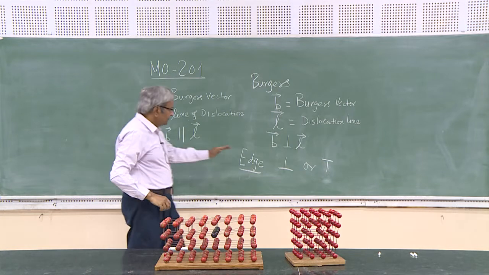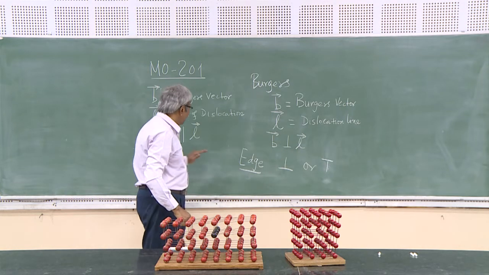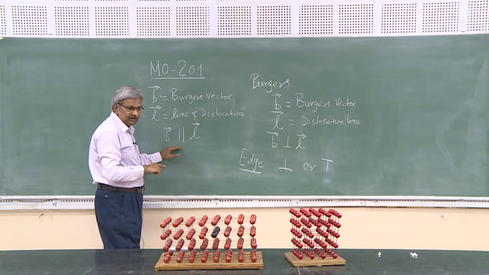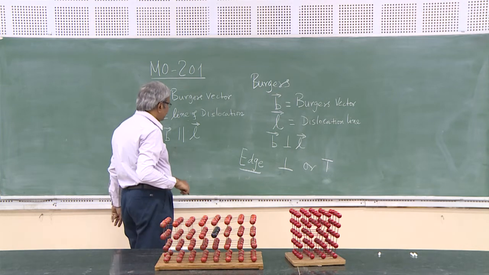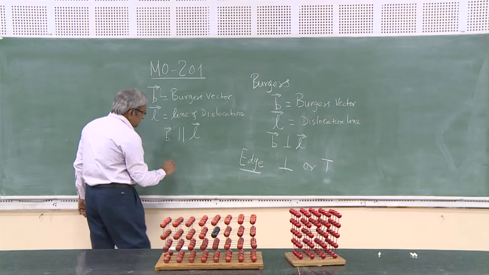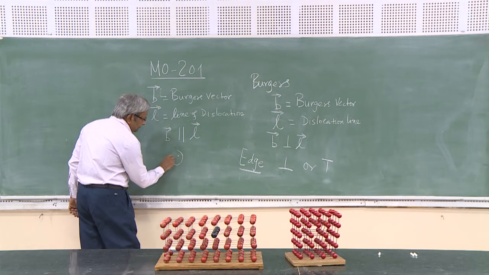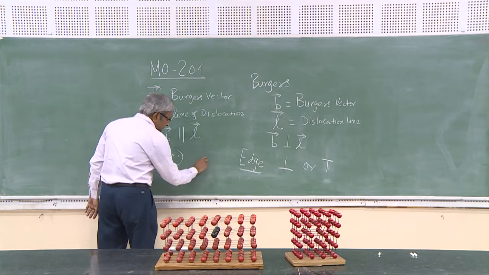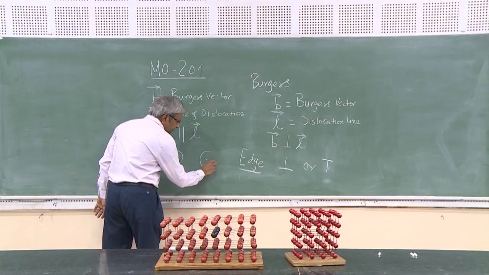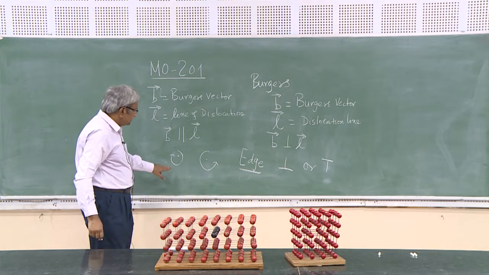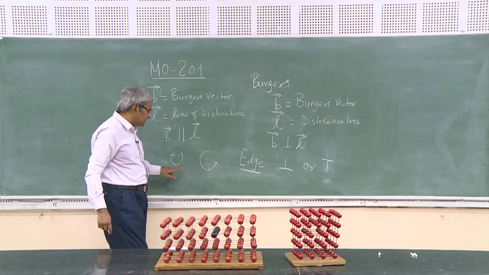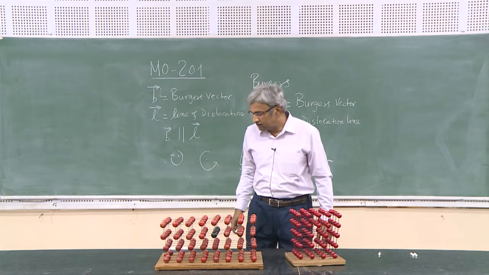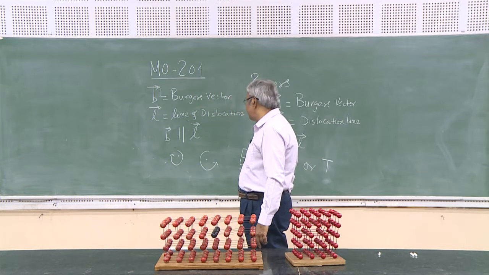See the striking difference between the two. In one case it is perpendicular, in another case it is parallel, right. So it is represented like this, the sense of the screw. The other sense of the screw will be this. In case you say this is the positive screw dislocation, then this is going to be the negative screw dislocation, depending on the convention that you want to follow.